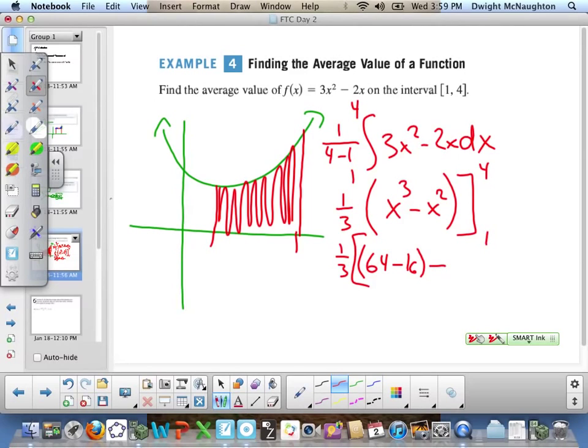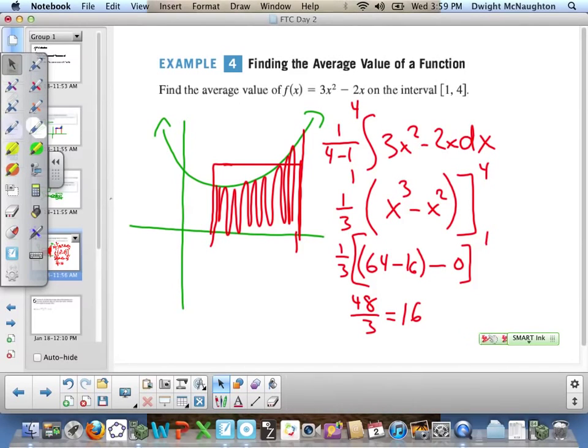We'll plug in 1: 1 minus 1 is 0. 64 minus 16 is 48 thirds, which is 16. So the average value of our function is 16. So the height equal to 16 would be the average height of that function. And again, that means this region below here is canceled by that region above.